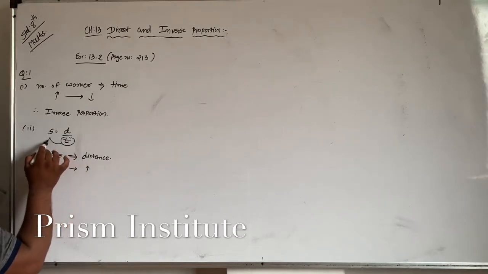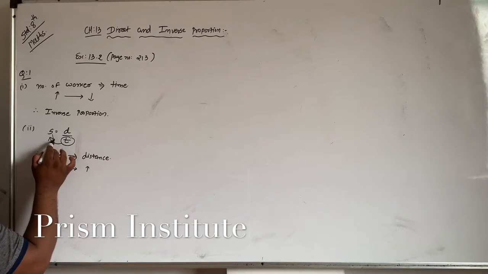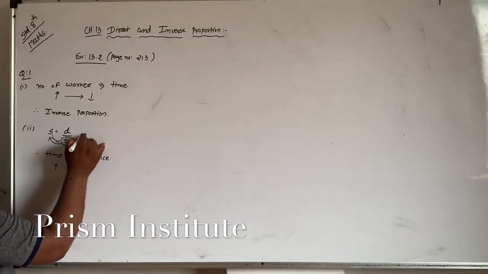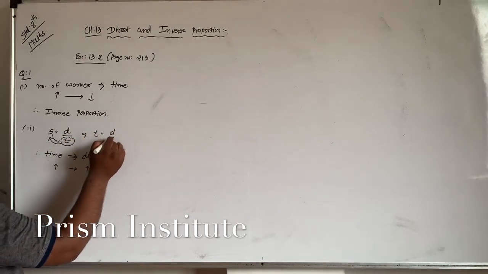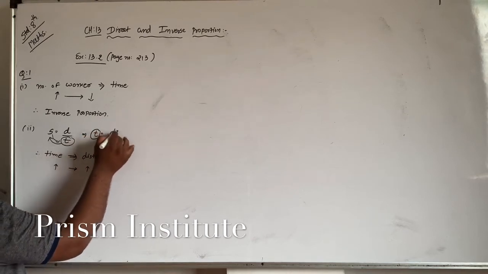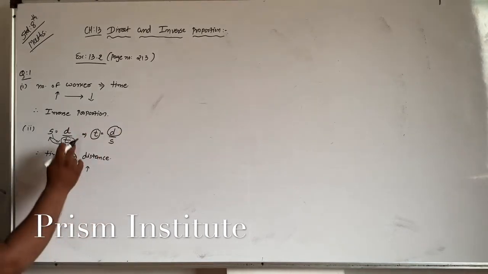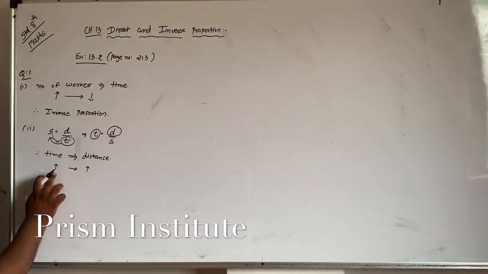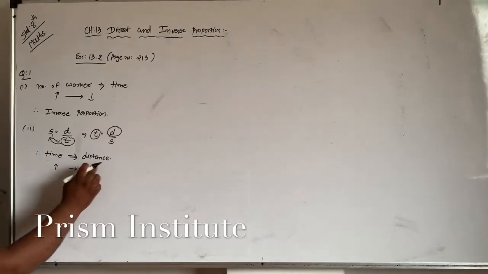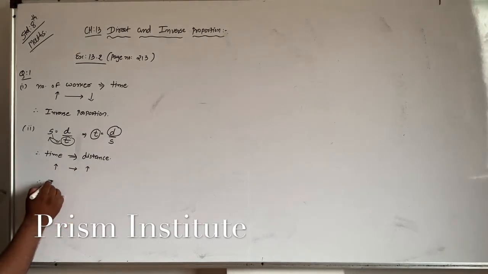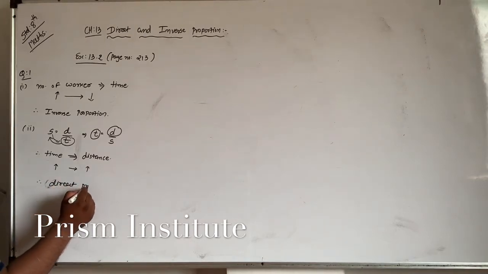This time goes to the opposite side and this speed goes to the denominator, so time is equal to distance upon speed. Here time and distance are in direct proportion, because time is increased, at that time distance also increases, so that is the direct proportion.